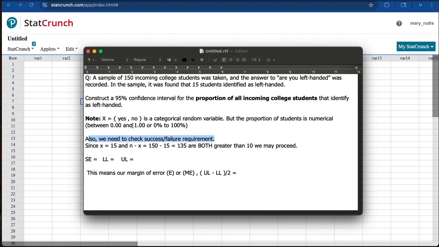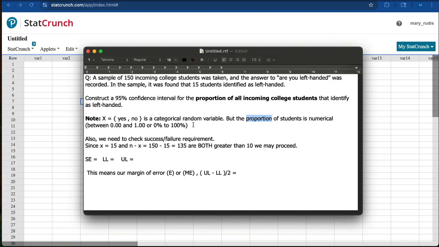First of all, let's make a note that random variable x is either yes or no. So you basically have a random variable x that represents the actual answers that people gave to the question, yes or no, and that is a categorical random variable. But the proportion itself, when we look at the proportion of students who said yes, that is a numerical random variable because it's going to be your number of x's divided by the sample size n.